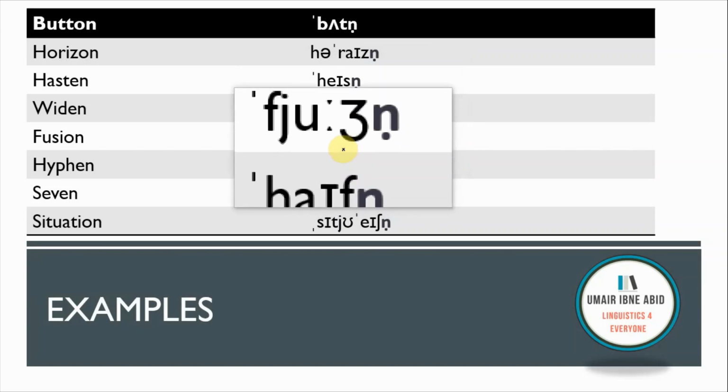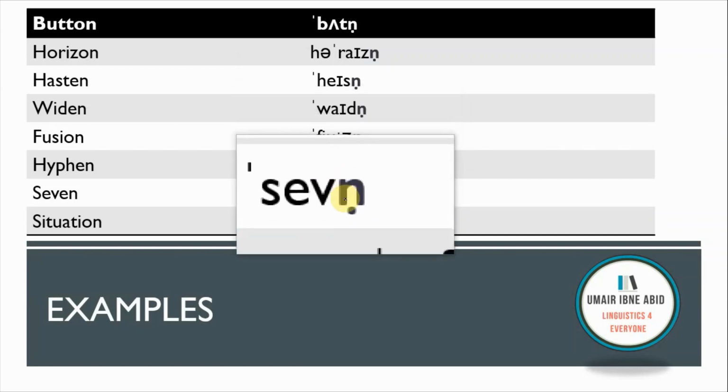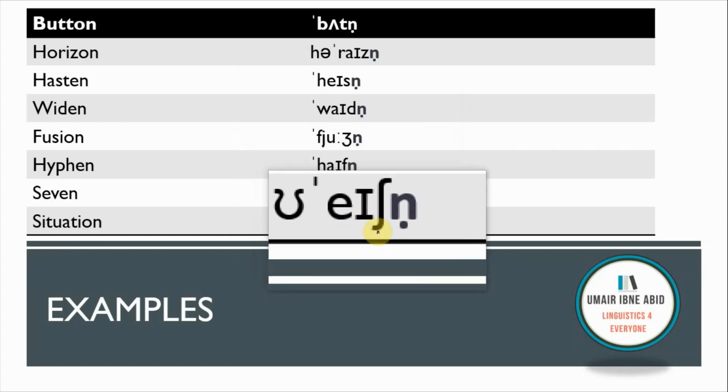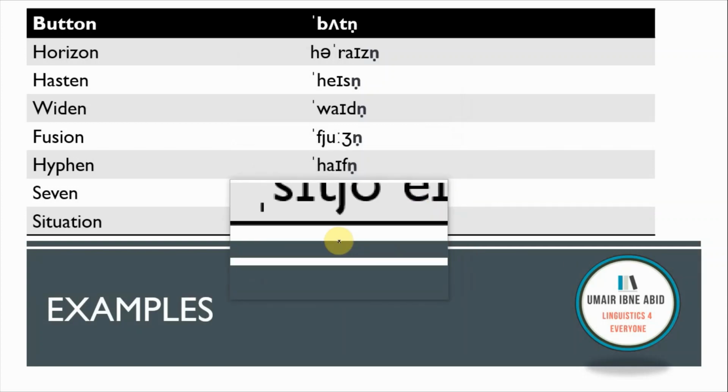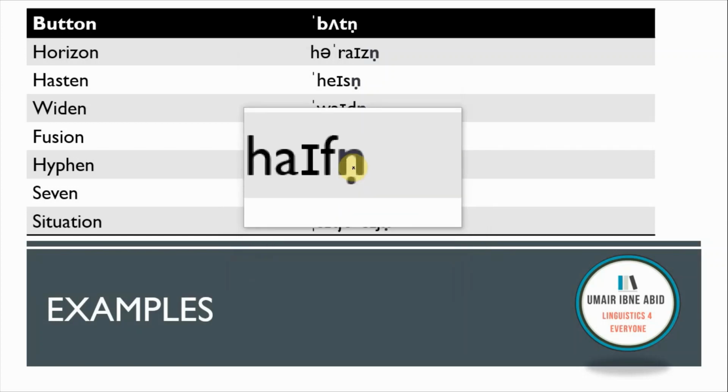Then this sound, which also comes in "fusion", also falls in that group of plosives and fricatives. Hyphen, seven, then situation. So these are a few examples where n would be syllabic due to the group of plosives and fricatives.